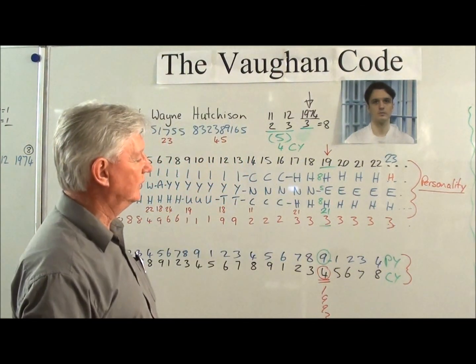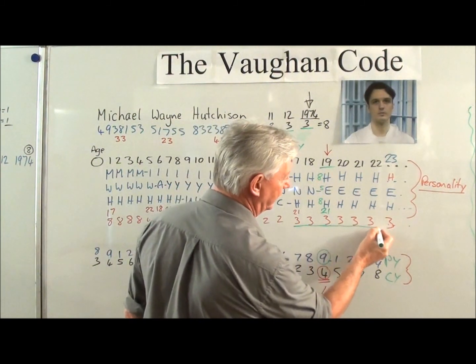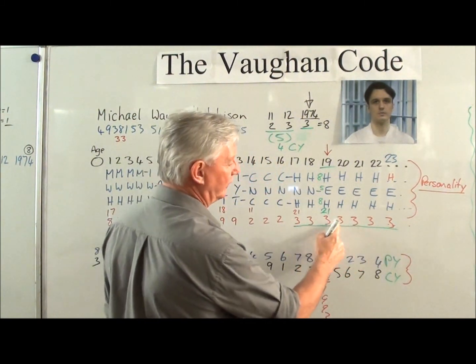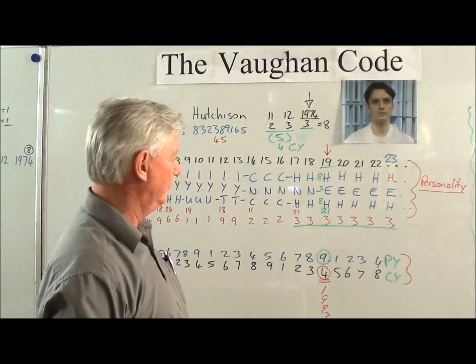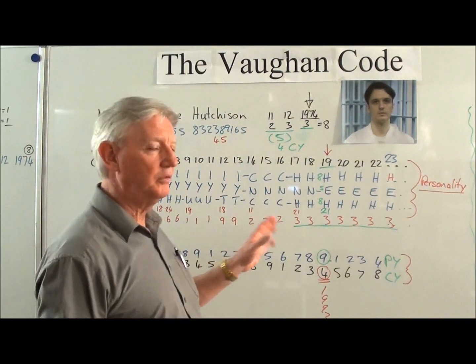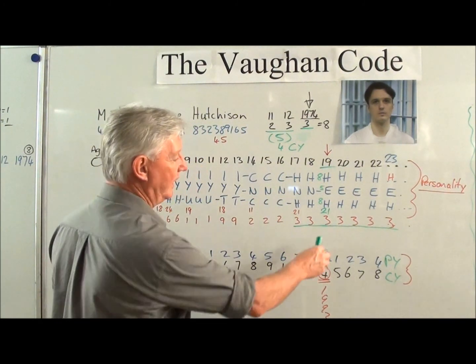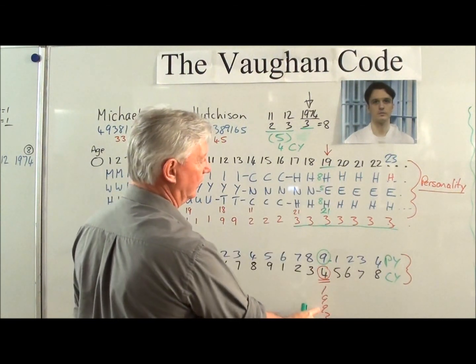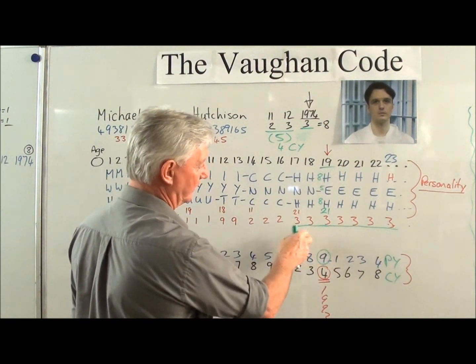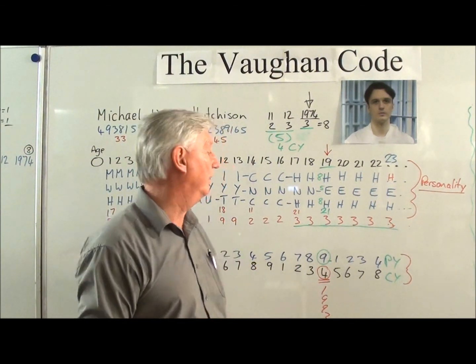Now one thing to notice here is there's a common series of numbers through here that he was in a harmonic or a vibration of for several years in a row. Does that mean anything? To some degree it does, but in another way it doesn't. It means he's been having a spot of bother prior to his age bracket in 1993. These threes here relate to emotion. They're an emotional number.